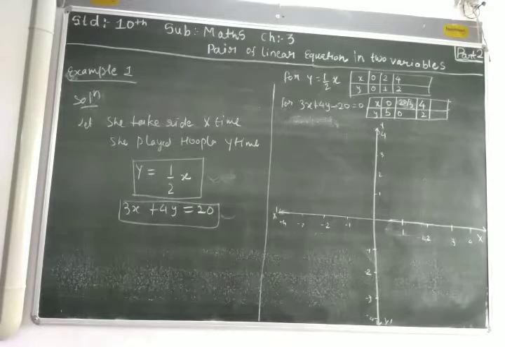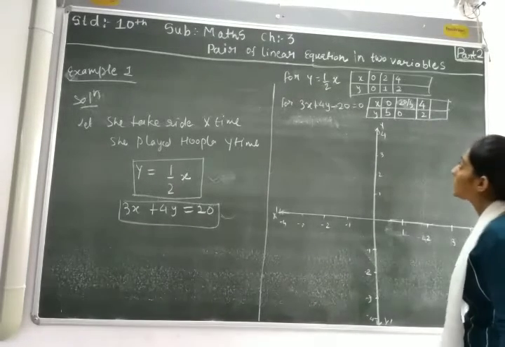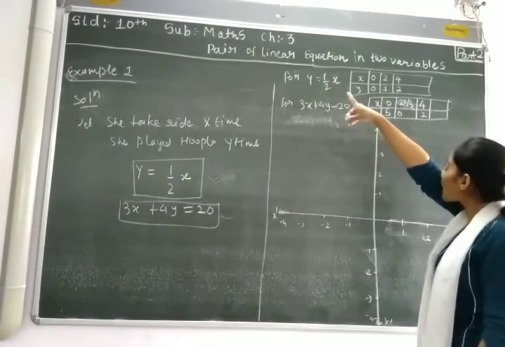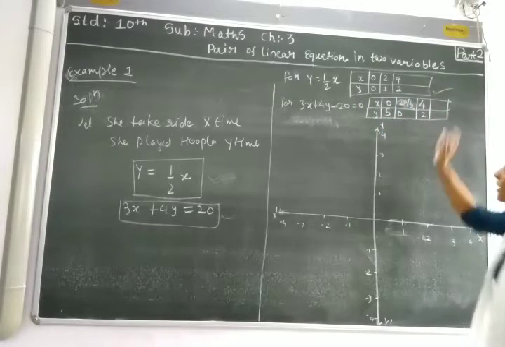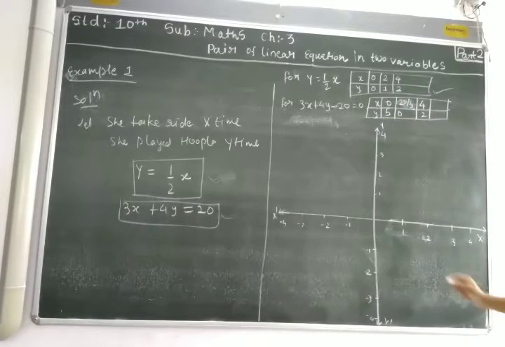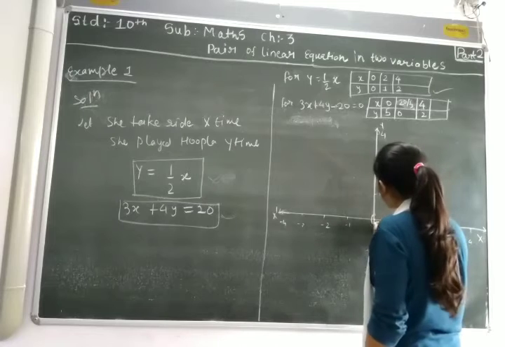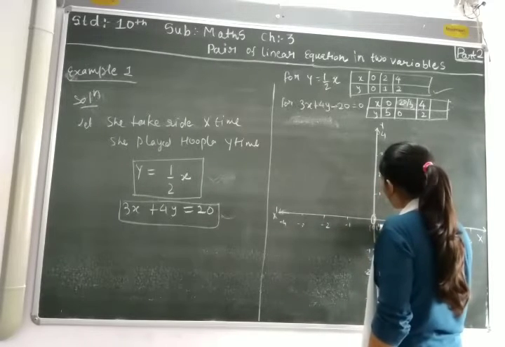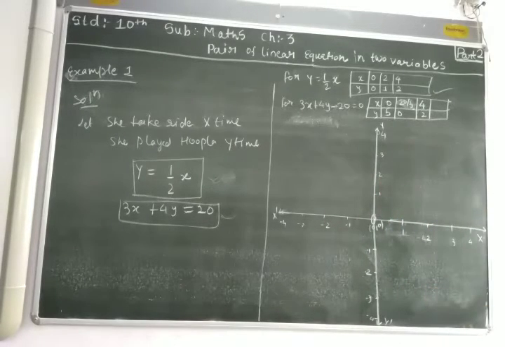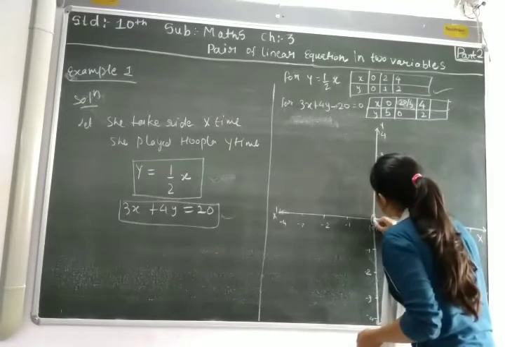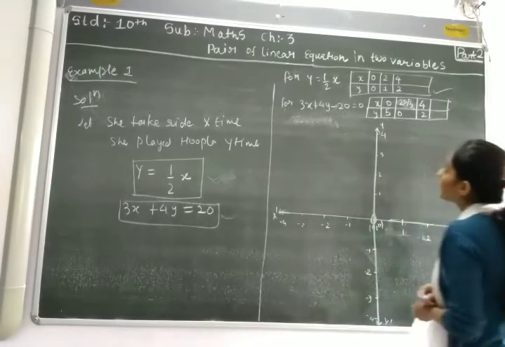Now, put all these values on the graph. For the first one, we just draw this. My first point, x equals 0, y equals 0, over here. So this one is the 0, 0 point.